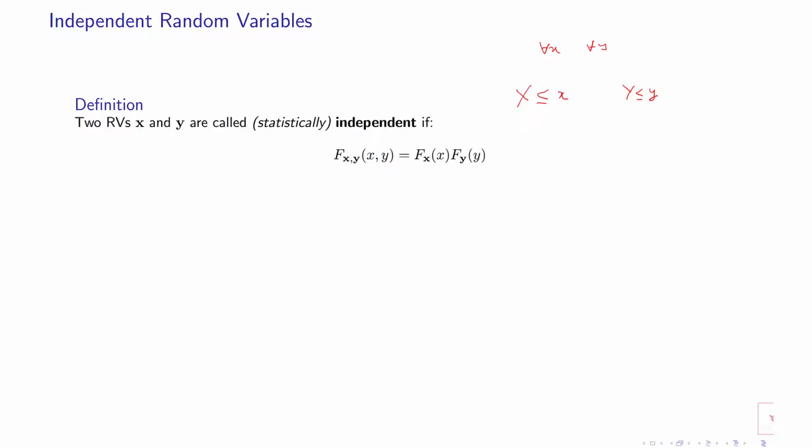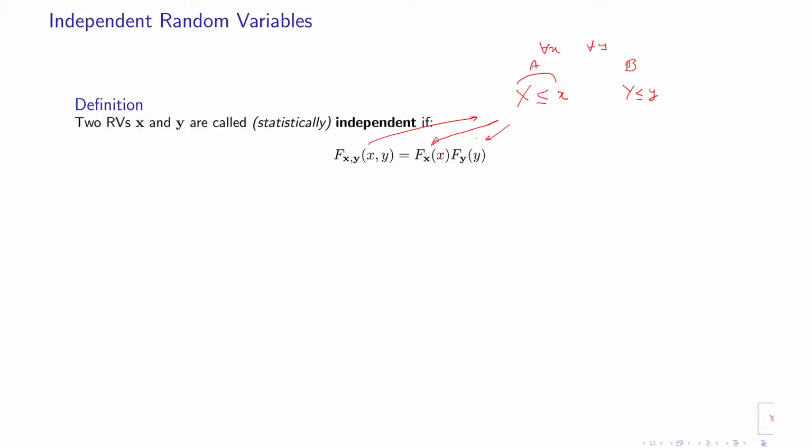Let's say this is event A, which is a function of X, and this is event B, which is a function of Y. So if these two random variables are independent, the probability of their intersection is the joint CDF, and the probability of A is this, and the probability of B is this.